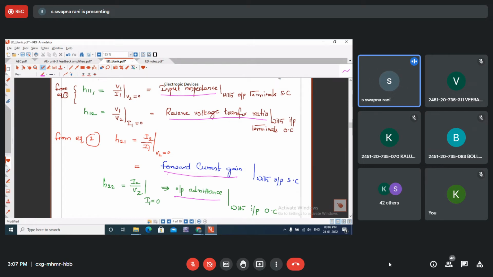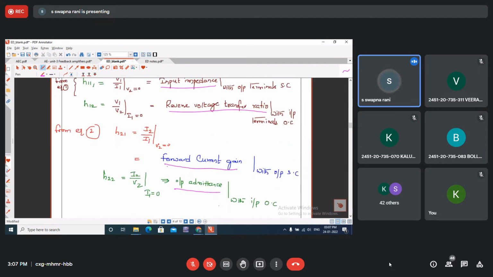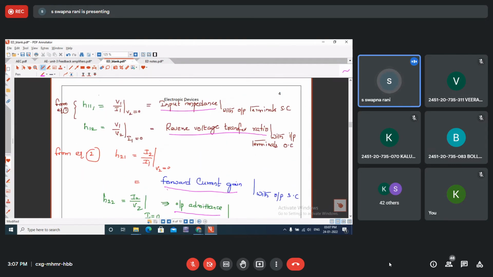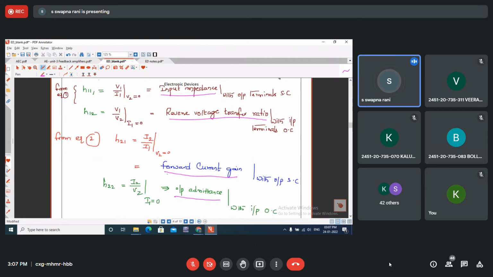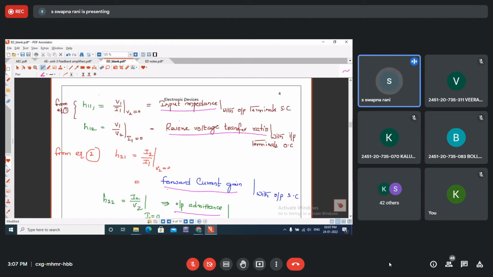So why are these called hybrid parameters? Because all the H parameters are different. They are not alike. One is input impedance, one is output impedance, one is voltage gain, the other is current gain.